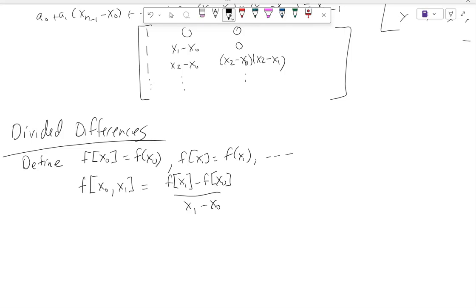Okay, so your next one would be f bracket x1, x2, that's going to be f bracket x2 minus f bracket x1, over x2 minus x1. And it turns out that these are going to have a nice little pattern to them. This is what the recursion formula looks like. We'll see why it works in a second.